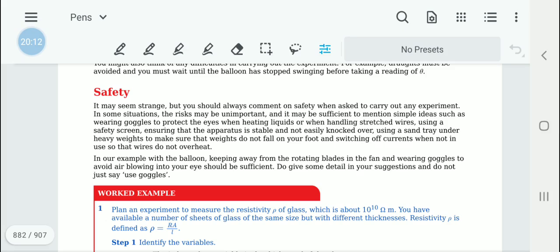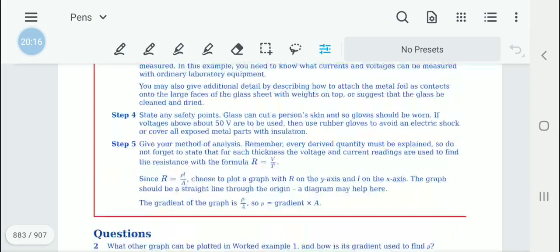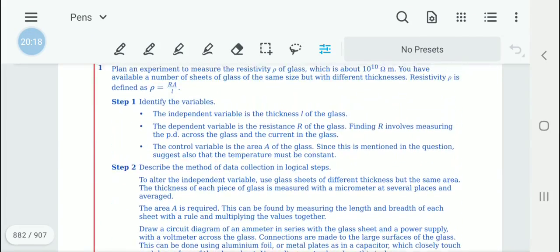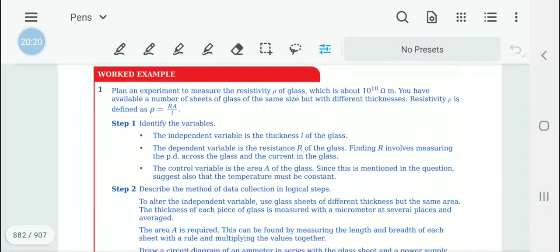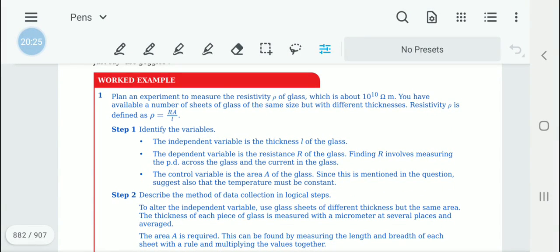Right, let's look at this worked example, and after that let's write down a note, right? So this will give you detailed examples of how this is done. Plan an experiment to measure the resistivity of glass, which is about 10 to the power 10 ohm meters.